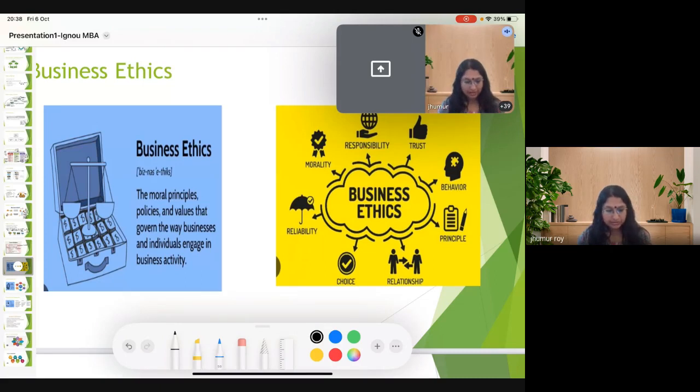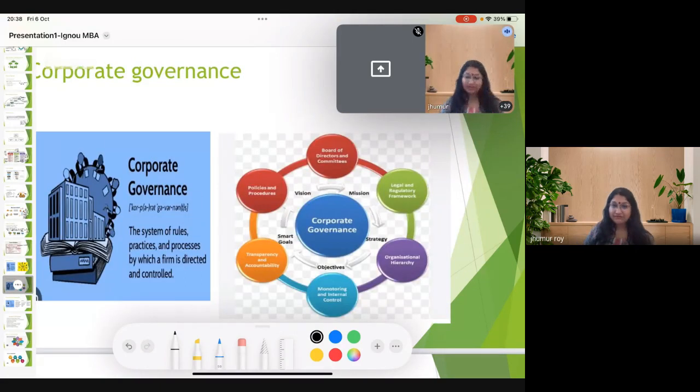Okay. So the second thing that we have in this is corporate governance. Now, what we mean by corporate governance is that to follow these business ethics, we will have certain rules and regulations. Many of these rules and regulations, like for example, ISO standards, are there, and according to SDG goals, certain requirements are there. Then the World Development Index is there.